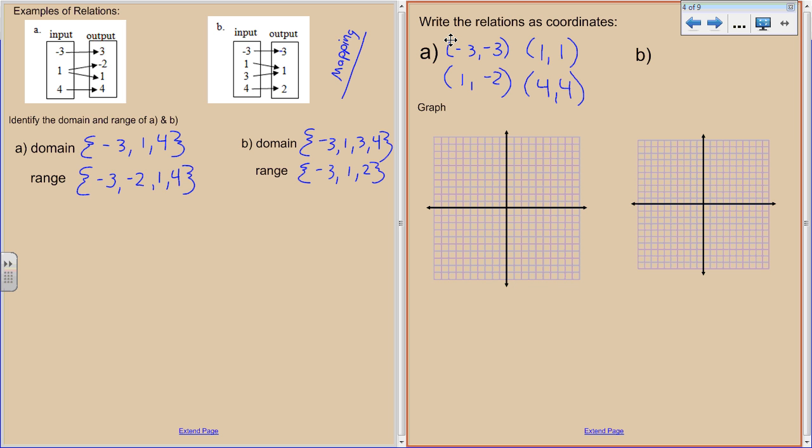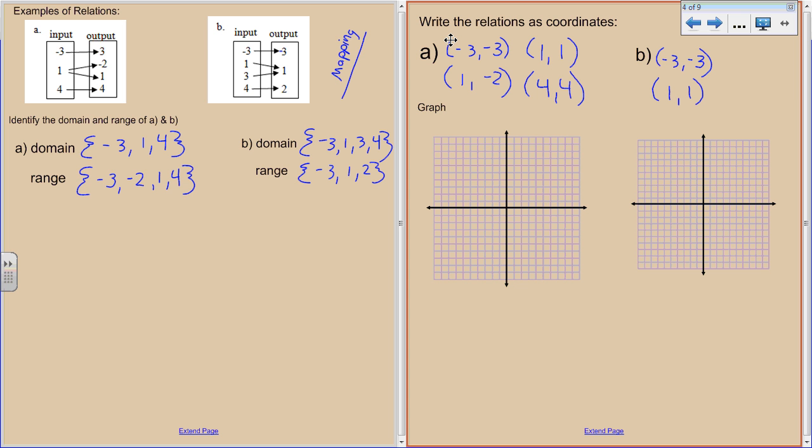Okay. So if we look at B, what would be one of the first ordered pairs we could write there, Alex? -3, -3. I agree. Brooke, what would be another ordered pair I could write? 1, 1. Beautiful.